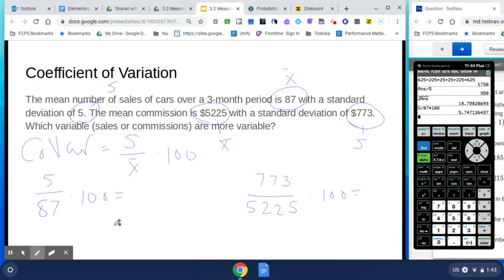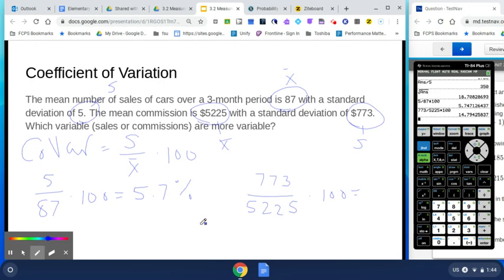Okay, for number of cars sold, I got 5.7% when I did that math. And for commissions, I got 14.8 if I round that to one decimal place, percent.